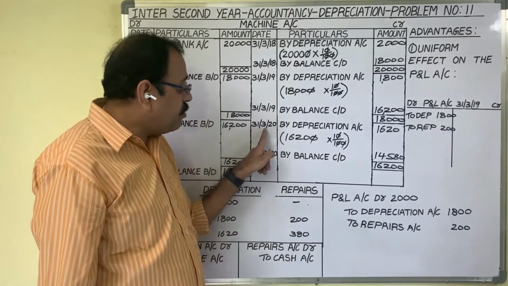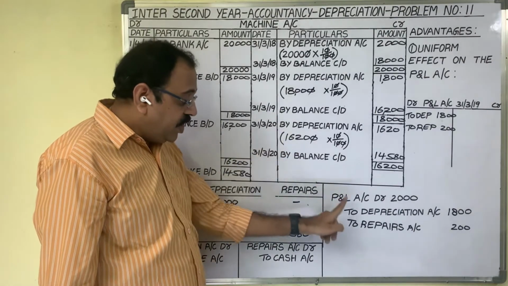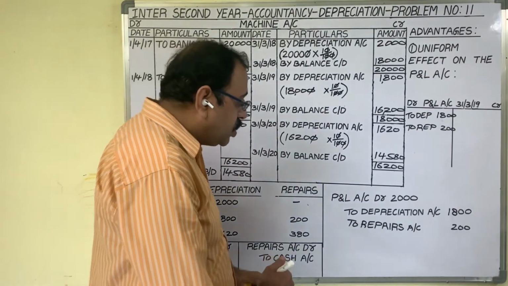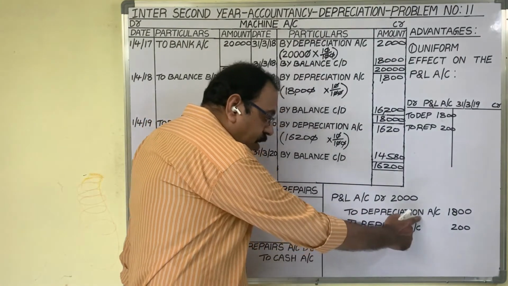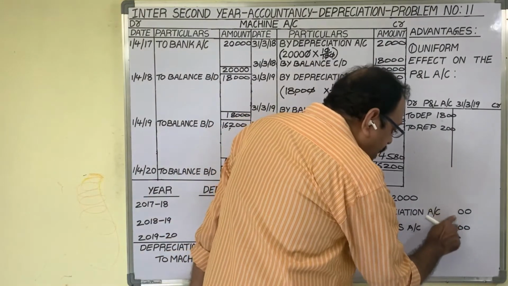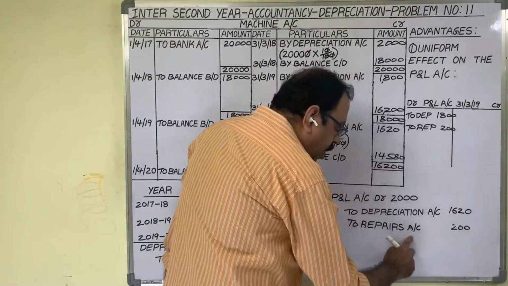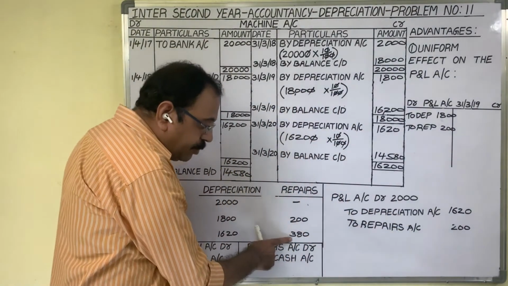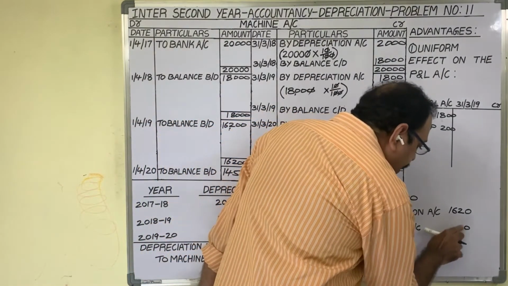On 31st March 20, entry will be profit and loss account debit to depreciation account, third year depreciation amount 1620, to repairs account, third year repair expenditure 380.